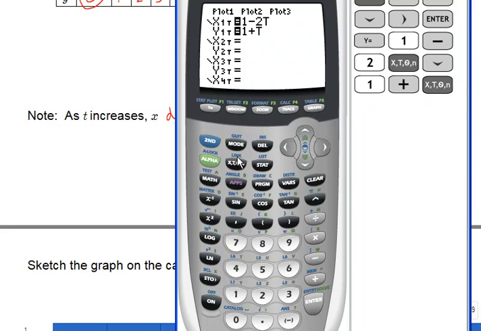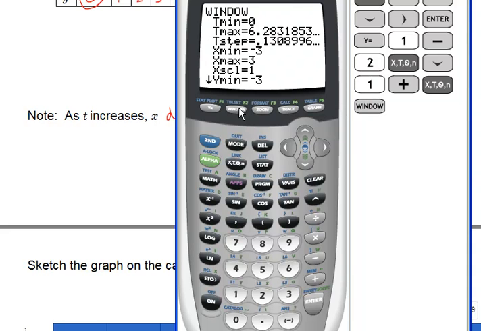And before we sketch this, I want to show you the window. So take a look at your window here. On this window I have some old values put in, so I want to adjust this. How did we want our t's to range? We were told to let t range between -1, so I'm going to let that be my t min, and +4. So that's going to be my t max.